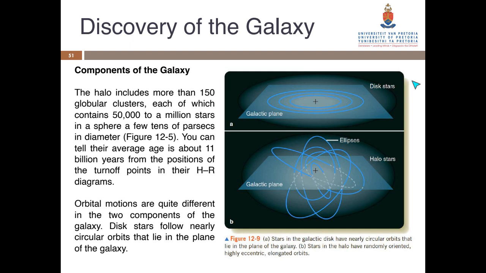The orbital motions are quite different in the two components of a galaxy. Disk stars follow nearly circular orbits that lie in the plane of the galaxy. Halo stars and globular clusters, however, follow highly elongated orbits tipped steeply to the plane of the galaxy. Here we can see our normal disk stars following the disk of the galaxy, quite concentric, while the globular clusters follow these ellipses in the halo.